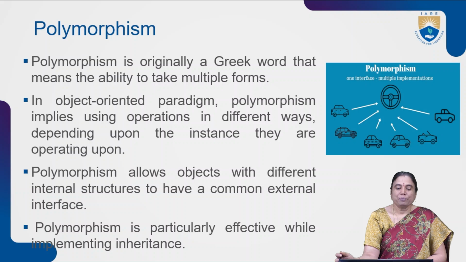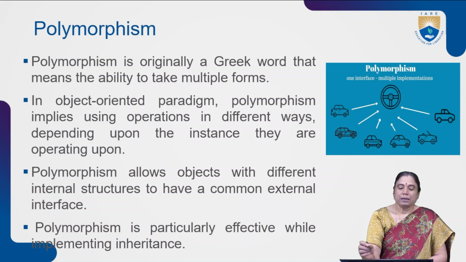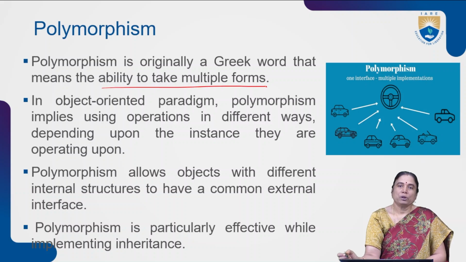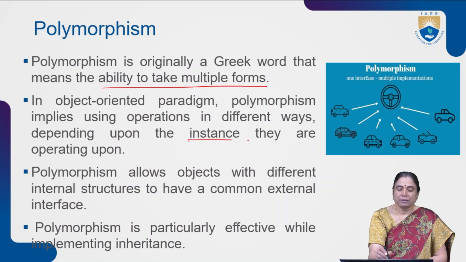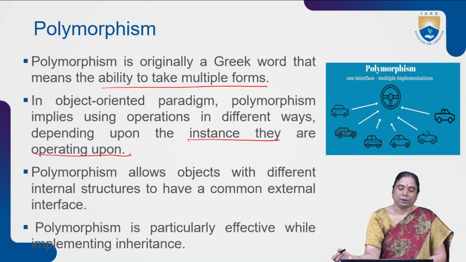Next principle is polymorphism. Polymorphism is originally a Greek word that means the ability to take multiple forms. So in the object-oriented paradigm, polymorphism implies using operations in different ways depending upon the instance they are operating upon.